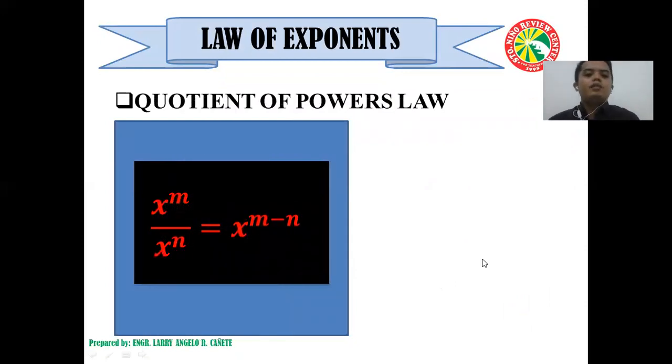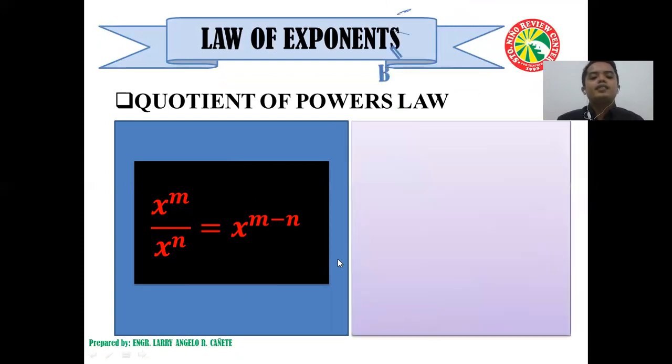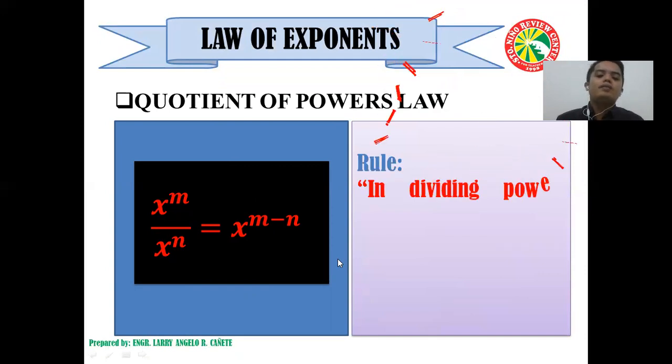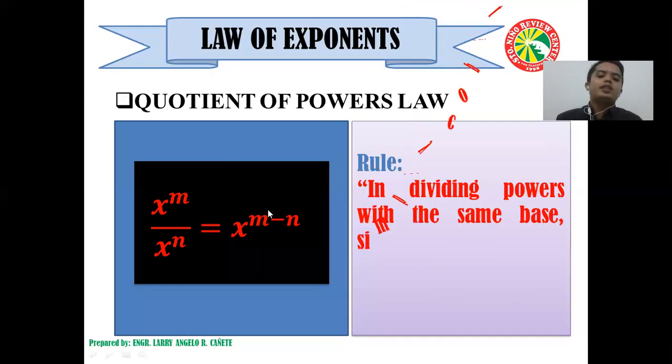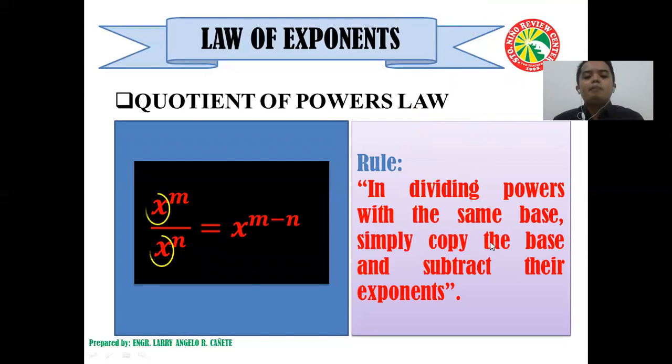So, quotient of powers law. It involves a quotient. So for that, this is the rule. In dividing powers with the same base, simply copy the base and subtract their exponents.